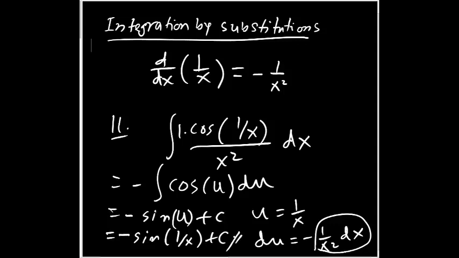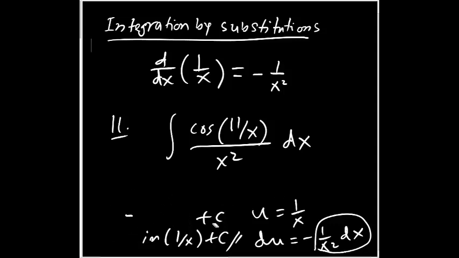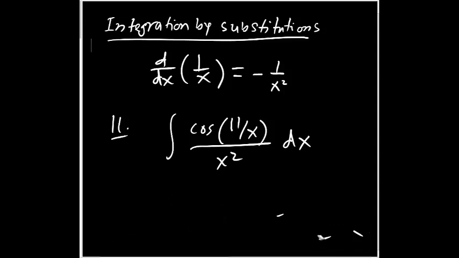So for example, if I change this problem slightly, say that I'm writing here 11 instead of 1, how my problem will change? Not much. I will just say that my u equals 11 over x. And then my du will be negative 11 over x squared dx.